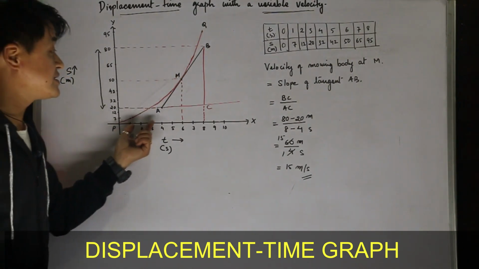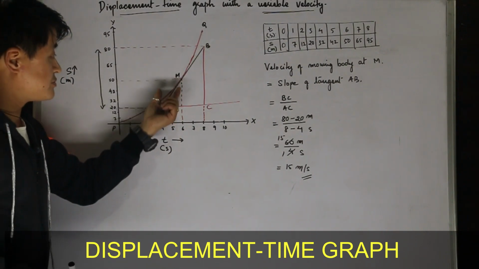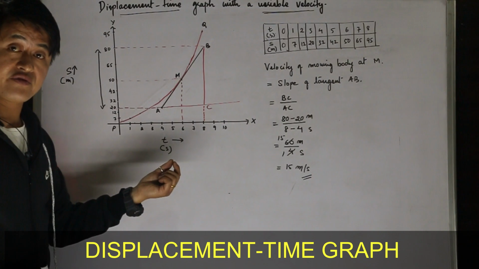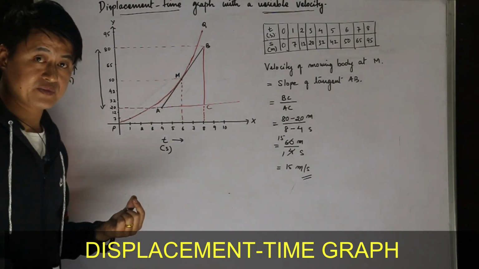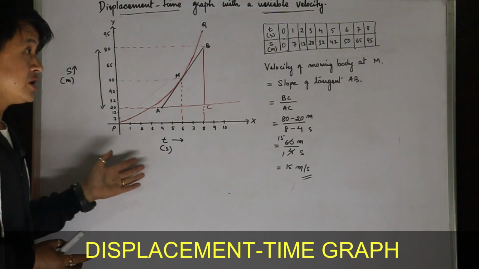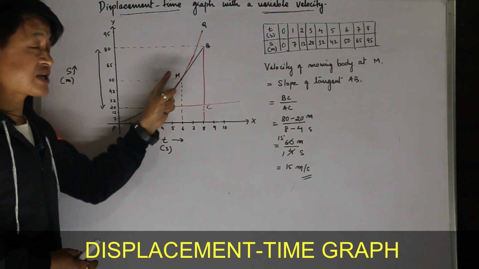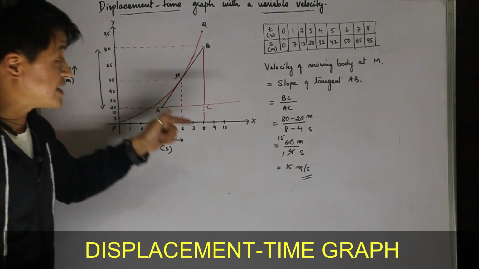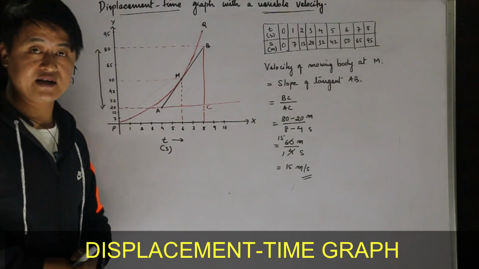By finding the slope of the tangent, we can find the velocity of the body at any instant. And we have also learned the slope is positive when the body is moving away from the starting point, and the slope is negative when the body is coming towards the starting point.